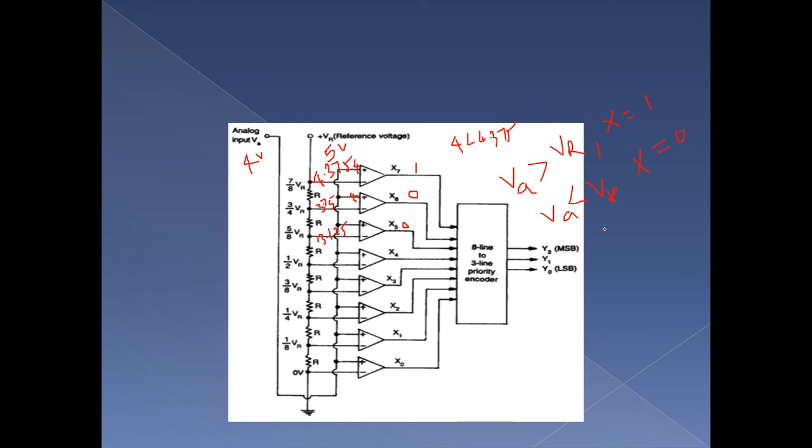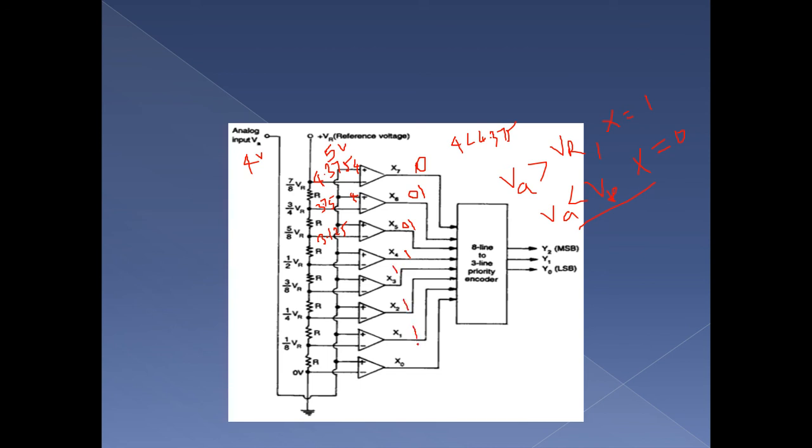So keeping this in mind, you check here: 4.375 is greater than 4, so X should be 0. For all other values, VA will be greater, because VA is 4 volt. Here it is 3.75, here it is 3.125. For all other values VA is greater, so we will be getting X equal to 1.